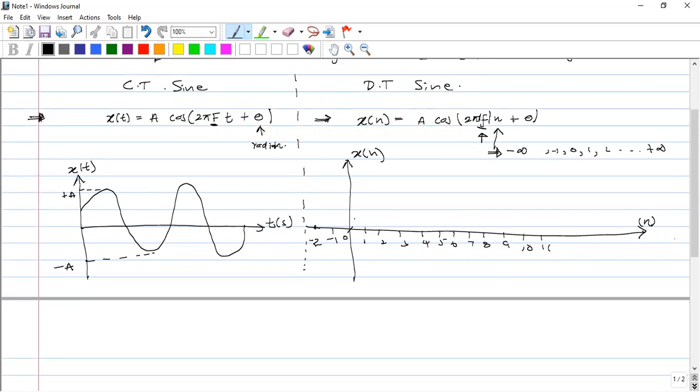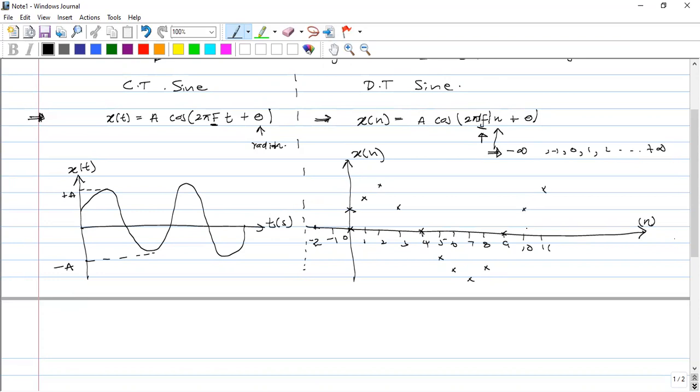So here we can draw these lines like this, and here it will look like this, and here like this, and so on.